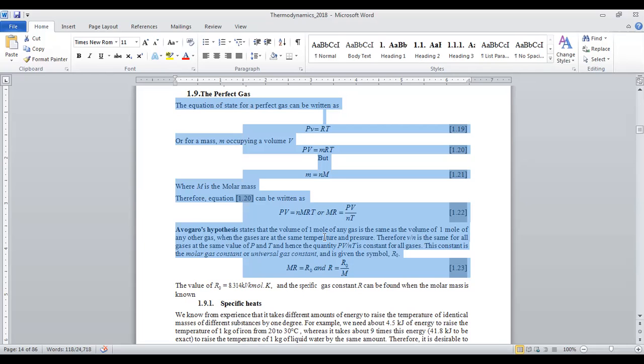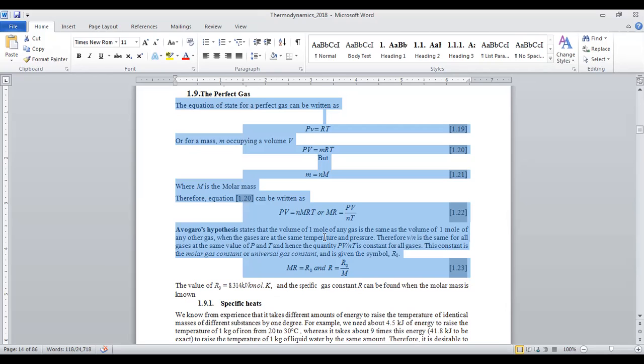Learn what refrigerant means: working fluids in cooling systems. Under this, we have to learn perfect gas.